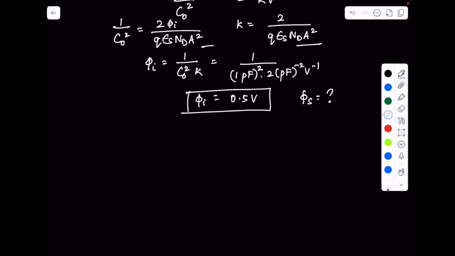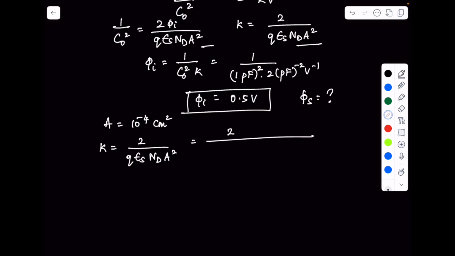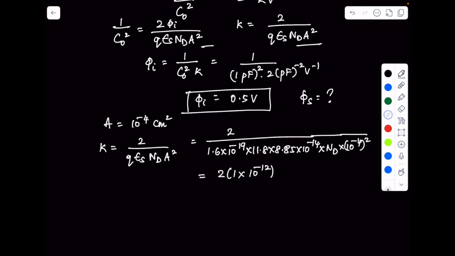A is given to be 10⁻⁴ per centimeter squared, and k is given to be 2/(q ε_s N_D A²). That is given by 2 divided by 1.6×10⁻¹⁹ times 11.8 times 8.85×10⁻¹⁴ times N_D times (10⁻⁴)², and this is equal to 2 times (1×10⁻¹²)².